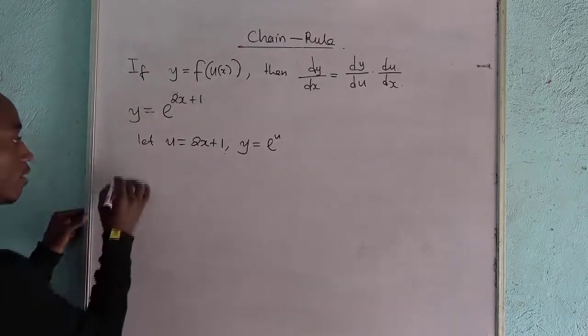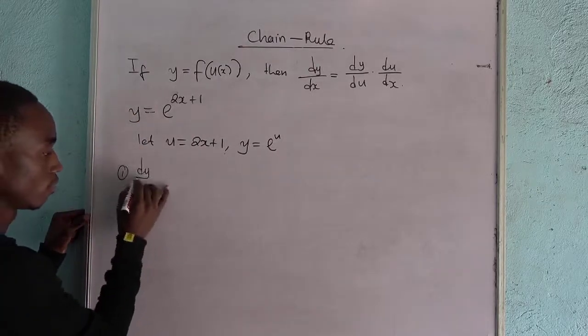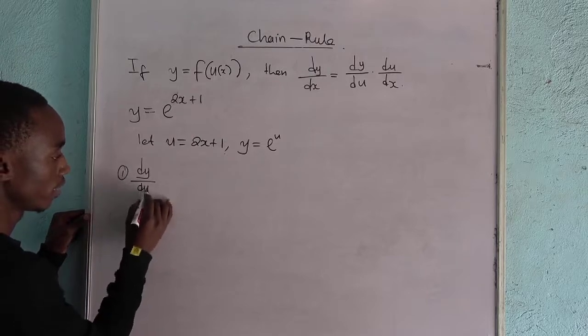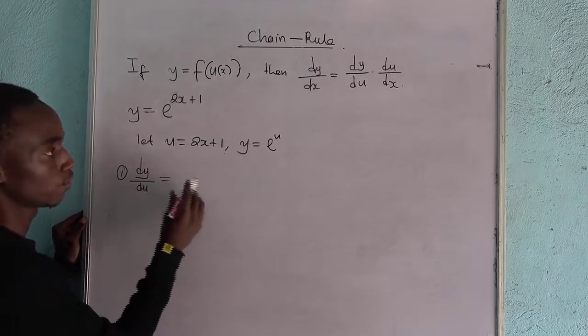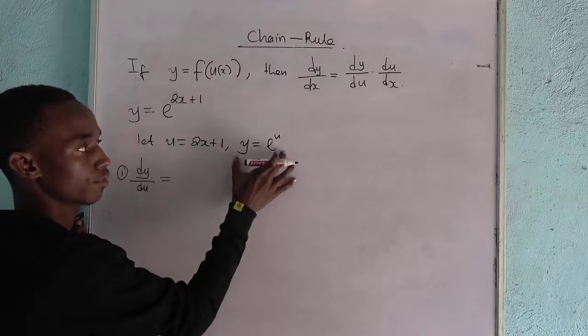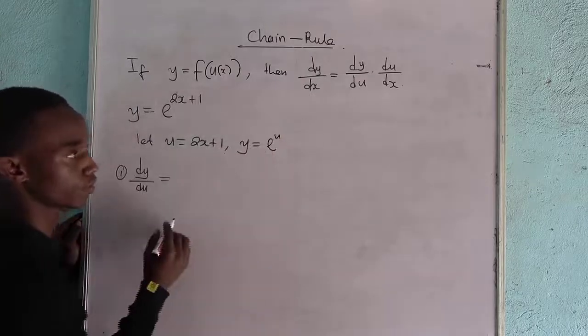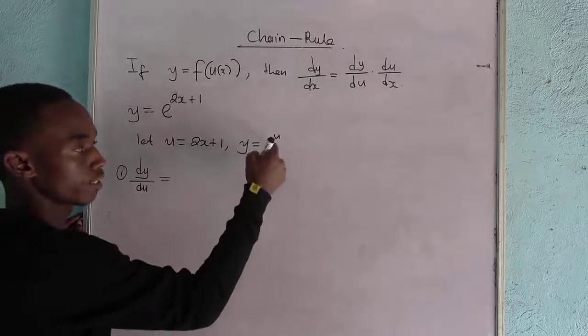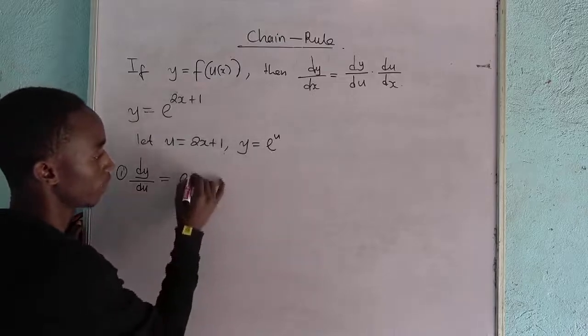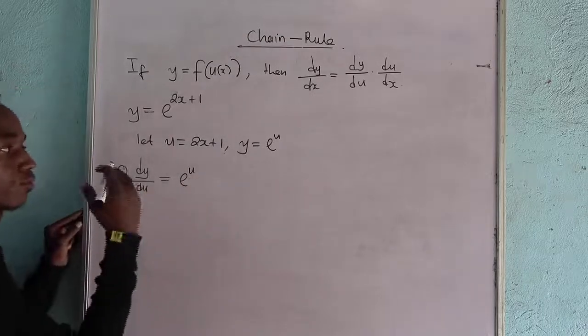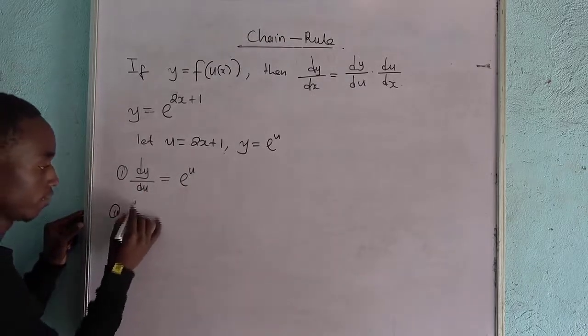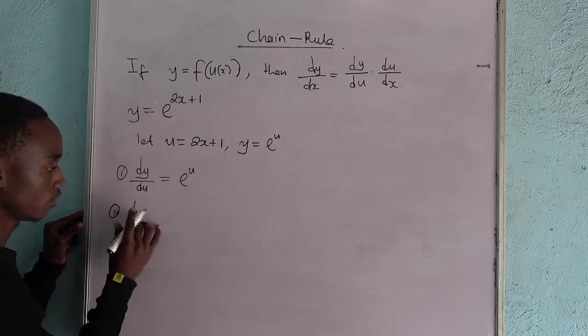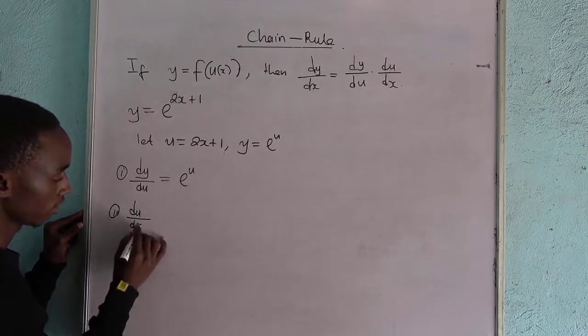And then you first of all solve for dy/du. How do we find dy/du? Of course, dy/du is from this part here. Differentiating this one with respect to u, we end up with e to the power of u. And then differentiating this will be du/dx.